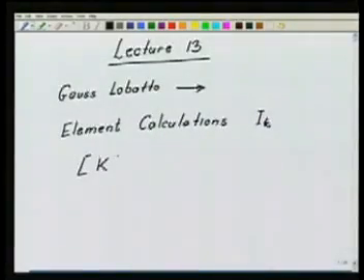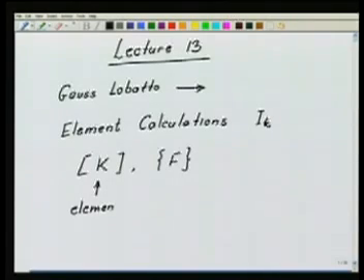For the generic element I k, you will have the stiffness matrix K for the element and the load vector F for the element. We would like to get the entries of this element stiffness matrix and the element load vector.